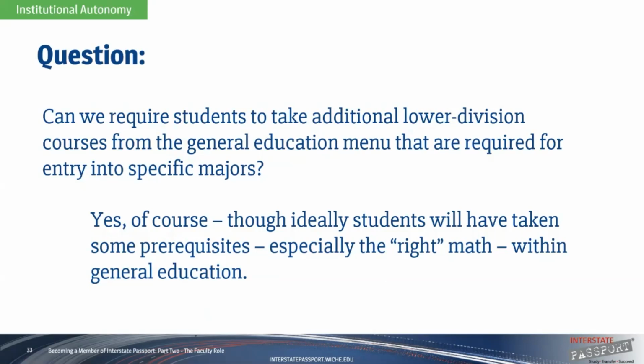Ideally, students will have taken some prerequisites, especially the right math within general education, but we all know that students sometimes, or perhaps often, change their goals after they transfer and may need to retool to acquire the right pathway.